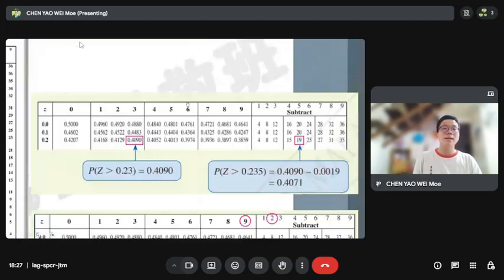So first, in the example, what is the probability for z larger than 0.235? I determine the 0.235 using the table here.